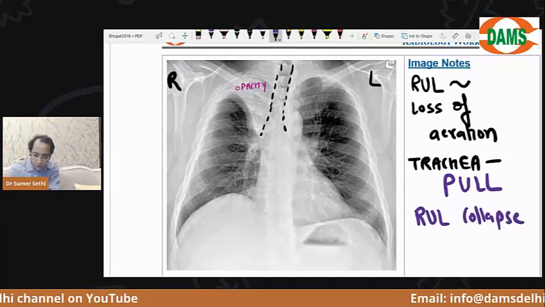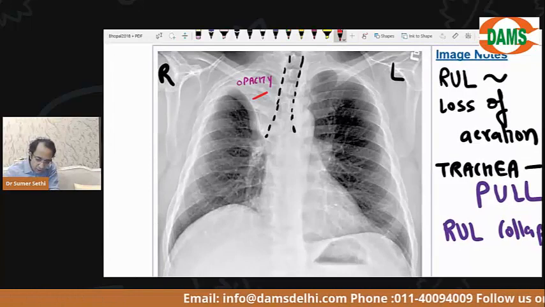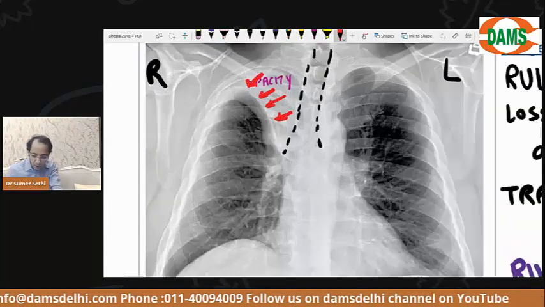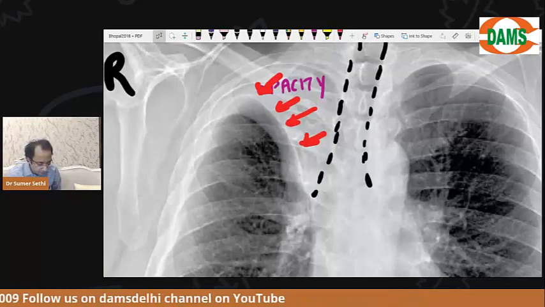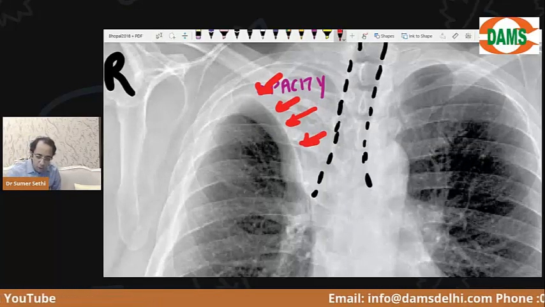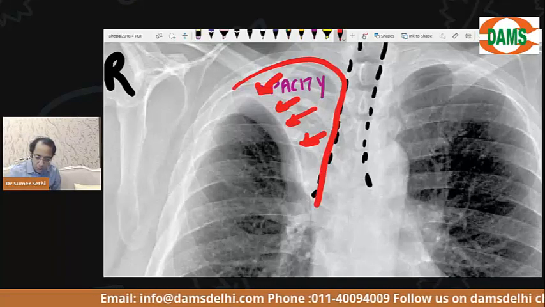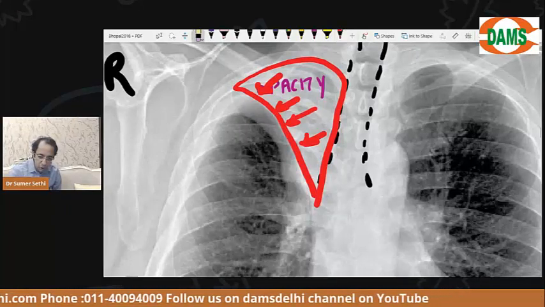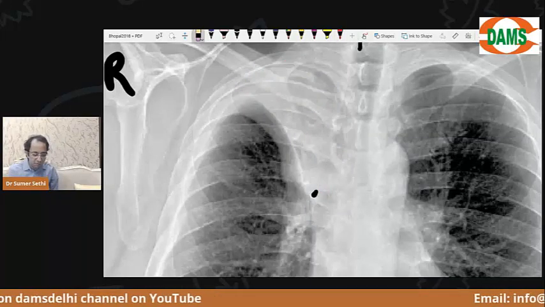My question to you is, let's see if you can answer. Why is the lower border of the opacity appearing so sharp and smooth? That must be your horizontal fissure.